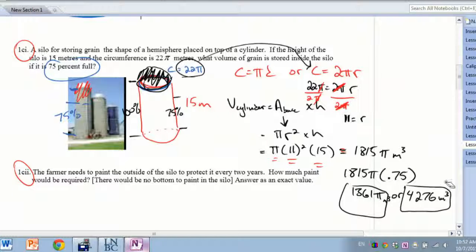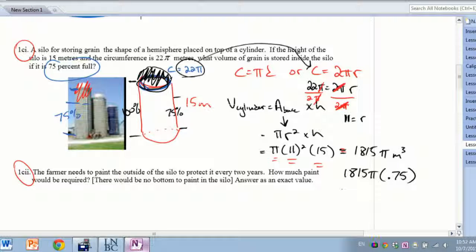So I'm just going to take a step back here, lose this. Let's figure out what that hemisphere is on the top, because that'll only take a second. So the volume of the hemisphere, I'll just go HS. A sphere is 4/3 pi r cubed. And then I'm going to divide it in half or multiply it by 0.5.